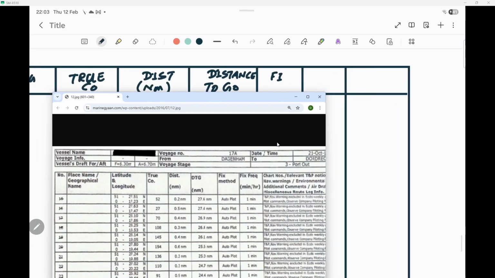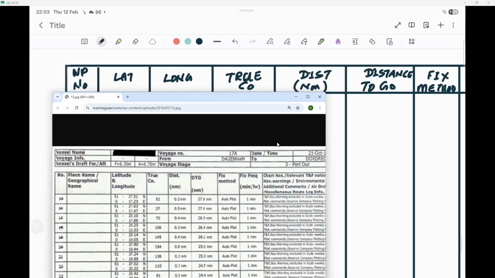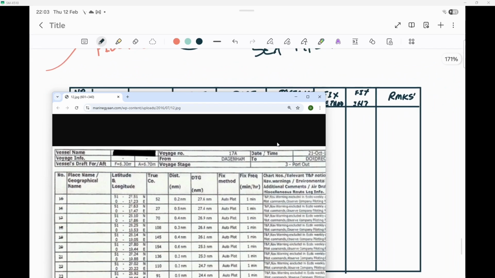I'm not talking about the fixing method now. Then fixing interval, then remarks. Okay, if you want to add more columns, you can, but let's make a simple course card.